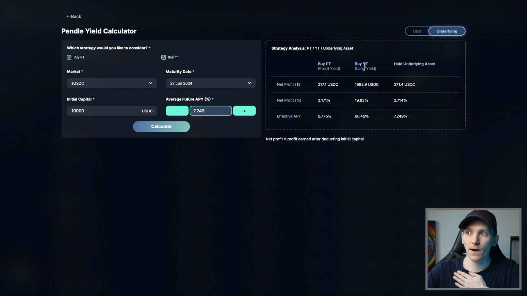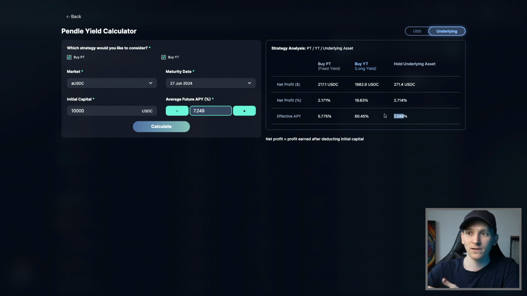So if we buy YT when the implied yield is 5.8 and the implied yield goes up to 6.8, the leverage that we're taking on that move is significant, and we're making a 60% gain, even though the actual yield that happens to that token only goes up to 7%.